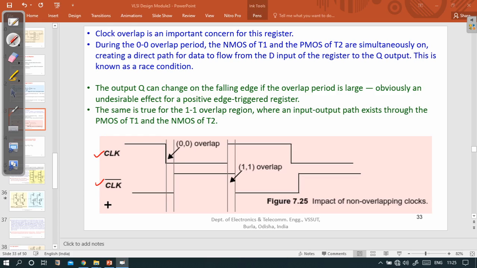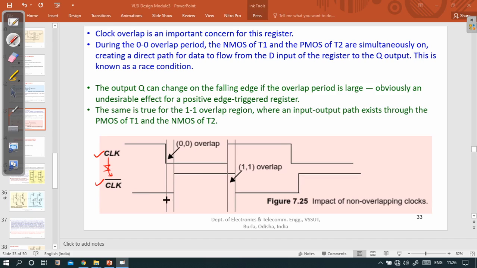We know that these are not ideal signals, and generally from the clock we generate the clock bar signal. You just add an inverter in between and you get clock bar. So clock bar is derived from clock itself. When clock is high, clock bar will be low, and vice versa.